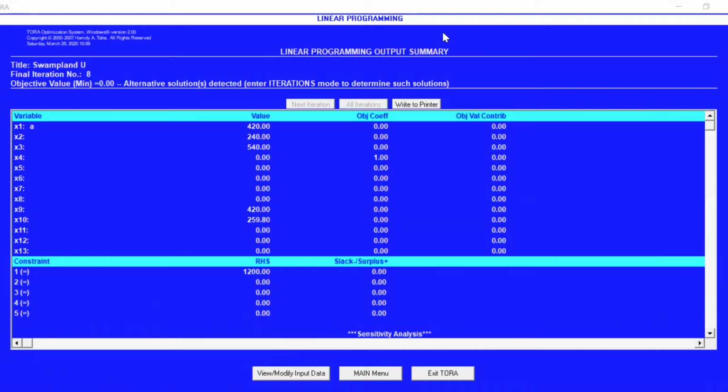So as you can see, we have 420 in-state, 240 out-of-state, and 540 international. And we also have 420 more foreign students and also extra on the male to female ratio.